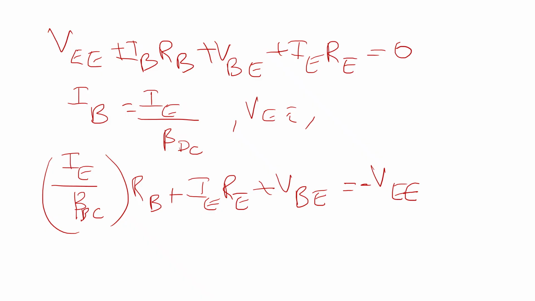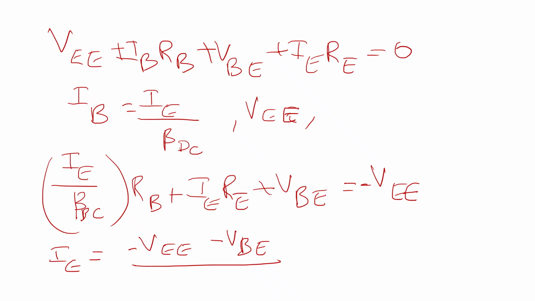So factorizing out IE and solving for IE in this equation, we end up with the equation to find the value of the emitter current. It is minus VEE minus VBE divided by RE plus RB divided by beta DC.